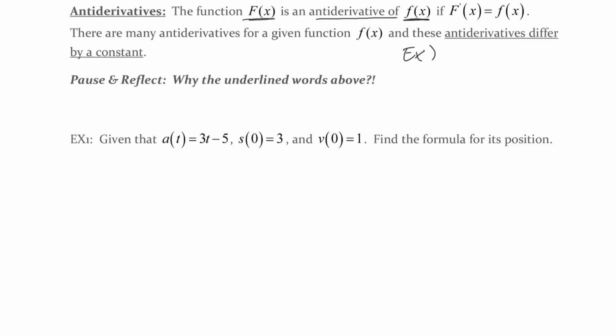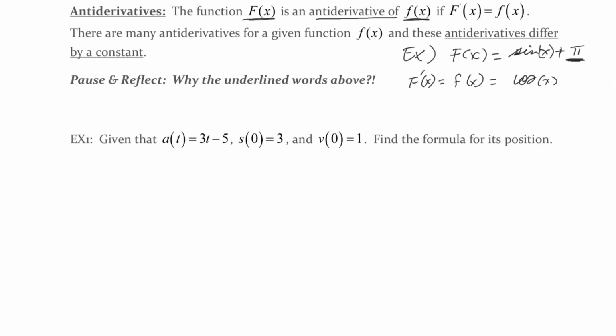For example, if big F of x is sine of x plus pi, then the derivative of the big function F is the small function f of x, which would be cosine of x. And we know that the derivative of a constant is 0, right?